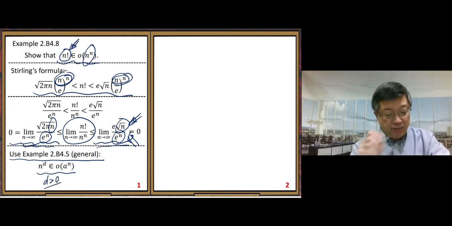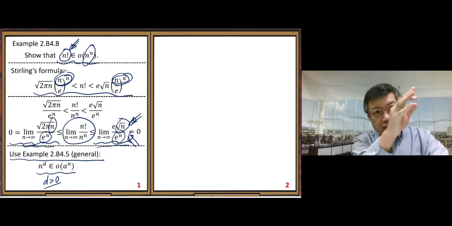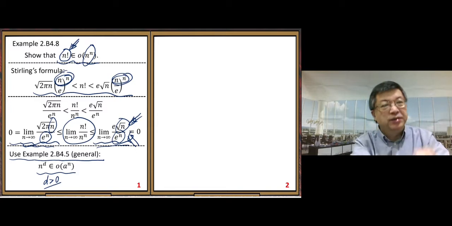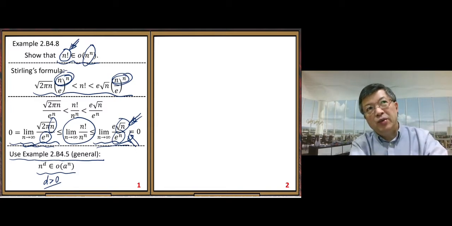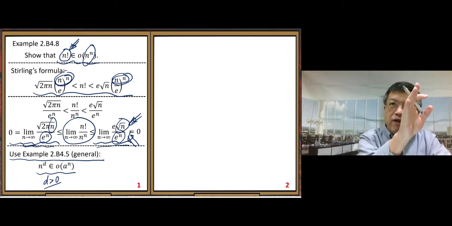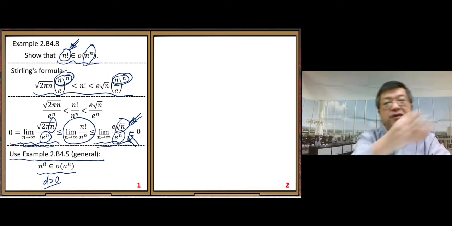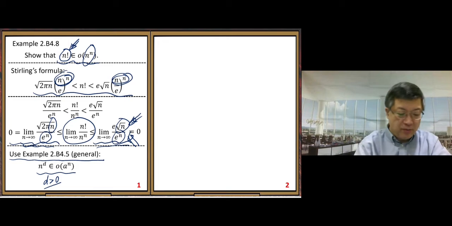Although in that example, we use positive integer, but now you can see even if d is not an integer, we can still do it. We can use a similar method, but we need to modify it a little bit. When you use L'Hopital's rule, you need to modify our integer version slightly, then you can get the same result here.